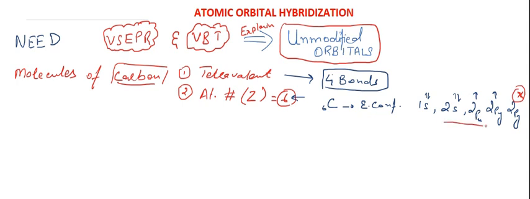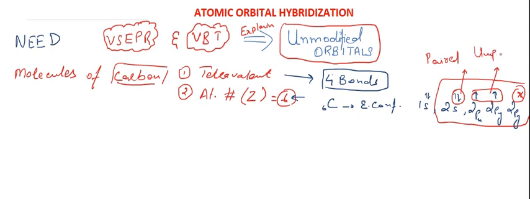So this is the valence shell of carbon, and you can see there are 2 paired electrons, and similarly 2 unpaired electrons. These are unpaired electrons, and we know that only those orbitals take part in bonding which have unpaired electrons.